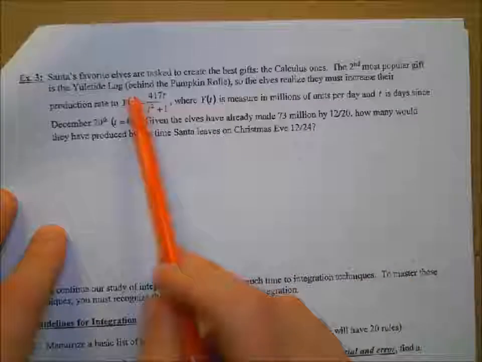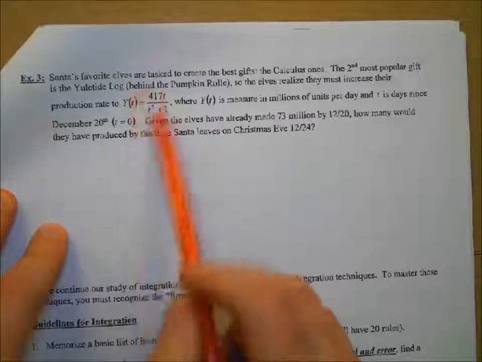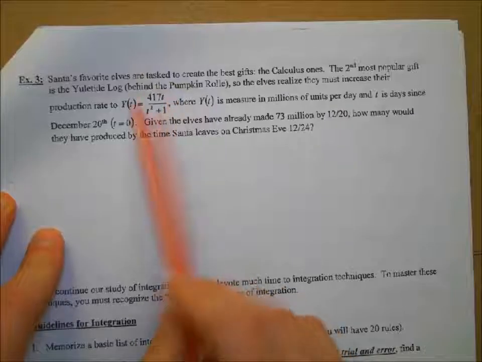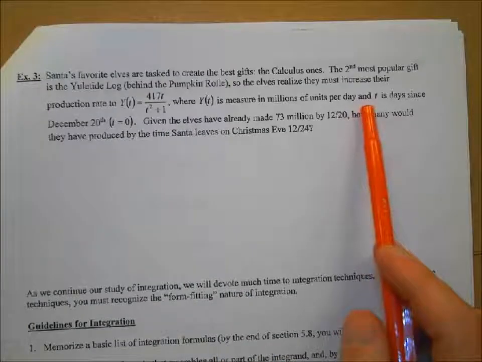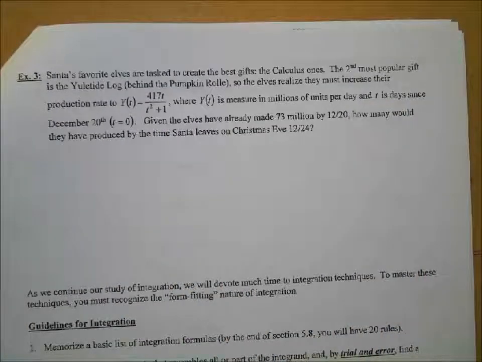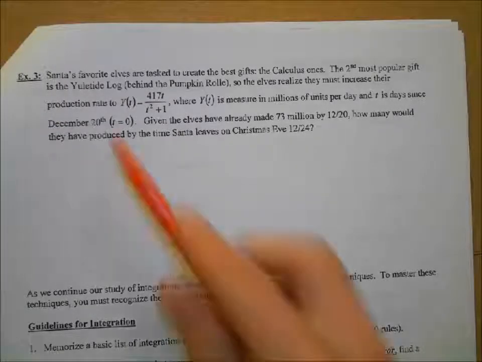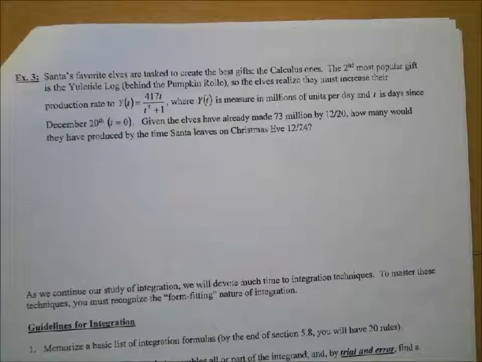So this is the Yuletide production rate, and t is days since December 20th, because of course they're under the gun. December 20th is t equals 0. Given the elves have already made 73 million by 12/20, how many would they have produced by the time Santa leaves on Christmas Eve, 12/24?